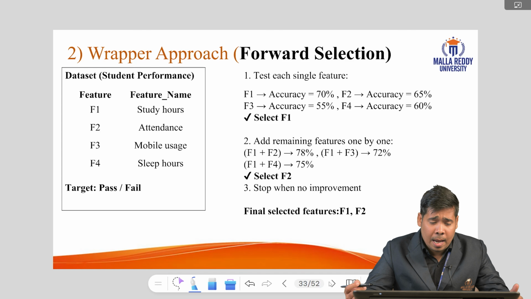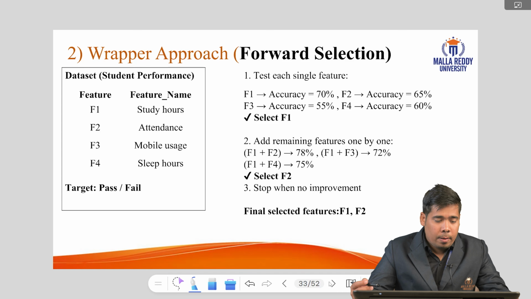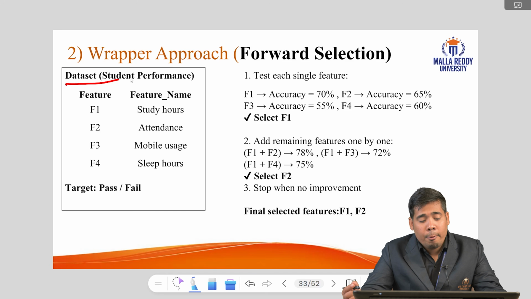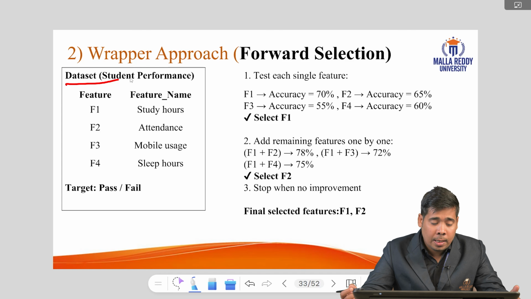So this is one example of the forward selection approach. Consider this data set, in which we have 4 features: feature 1, study hours; feature 2, attendance; feature 3, mobile usage; and feature 4, sleeping hours. The target column is pass or fail. In the forward selection method, we'll test each single feature.